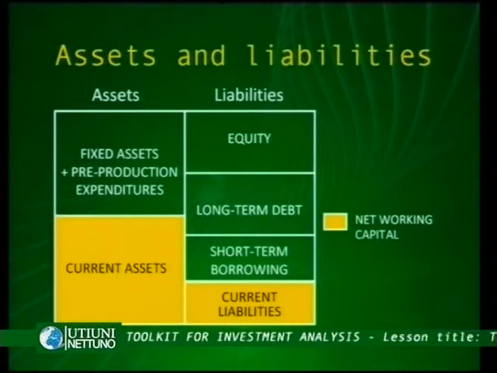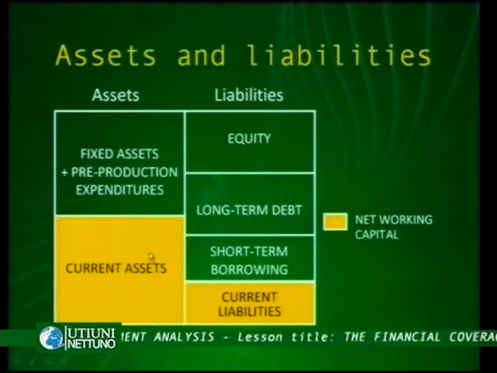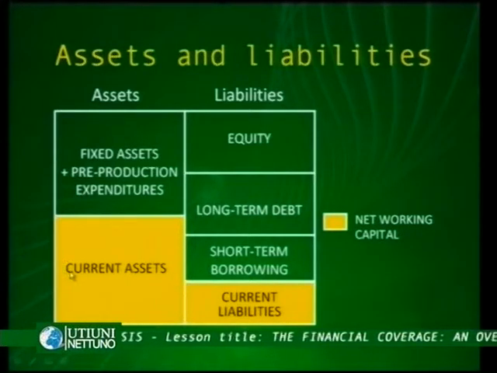And this is why we find them in the asset side of the balance sheet. Then we have also the current assets. As we have discussed in the last class, current assets are receivables, inventories, and cash in hand. These are the typical forms of current assets that are used in a project.